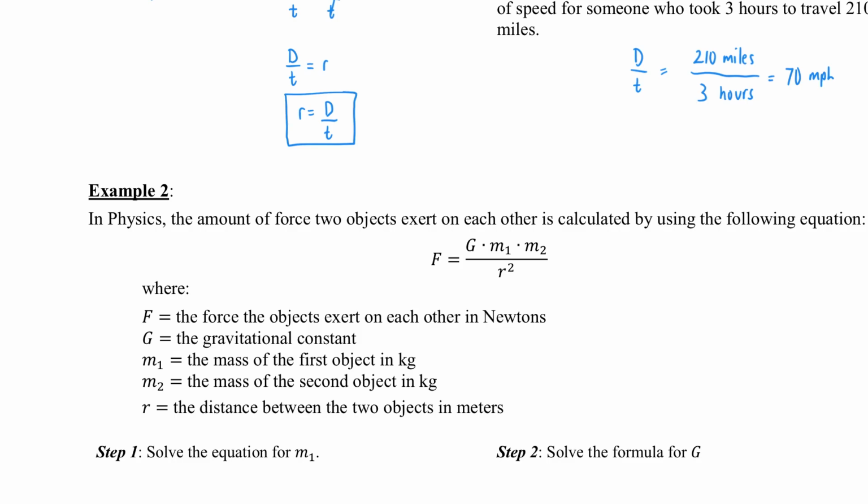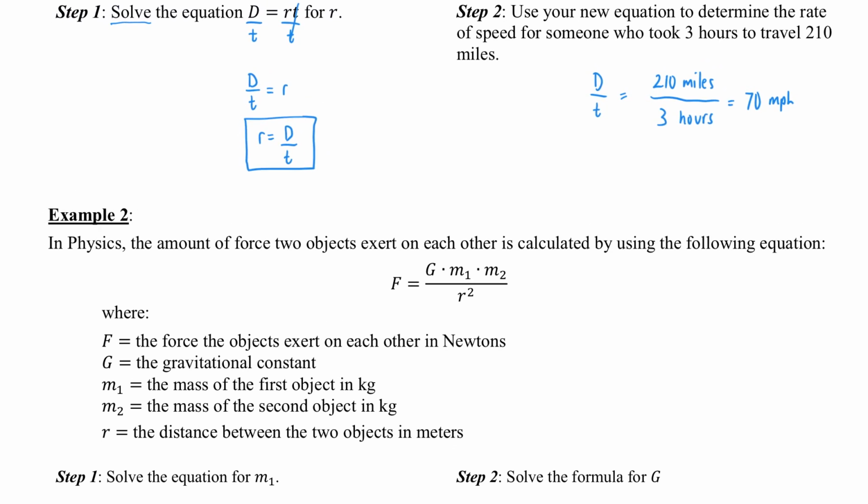Or, the sun and the earth. Like the sun and the earth actually pull each other toward each other. And you can use this equation to figure out exactly how much force those two bodies exert on each other. In fact, everything in the universe exerts a force on every other thing in the universe, a gravitational force. It's just so small that you don't really detect it.